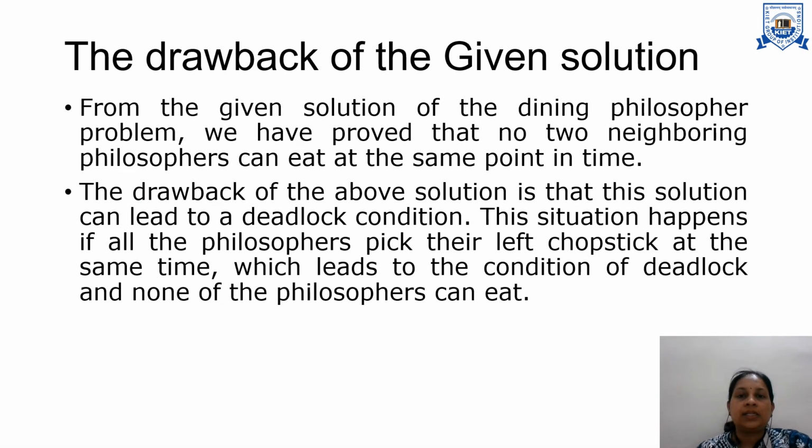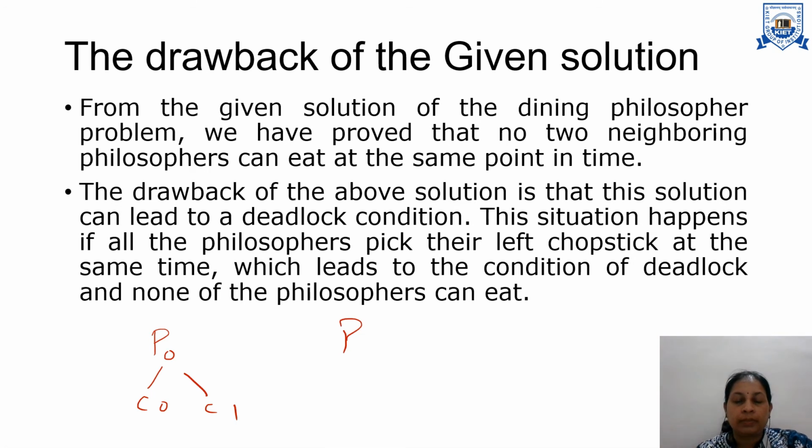Okay, now let's discuss the drawbacks of the given solution. From the given solution of the dining philosopher problem, we have seen that no two neighboring philosophers can eat at the same point of time. How? Suppose P0 wants to eat, then P0 needs C0 and C1 chopsticks.